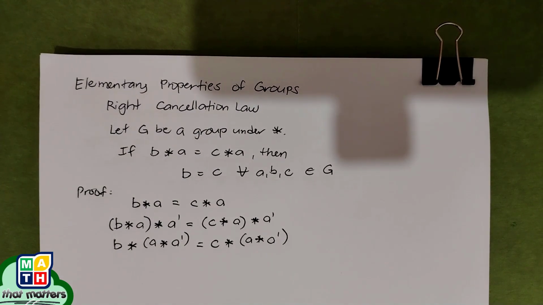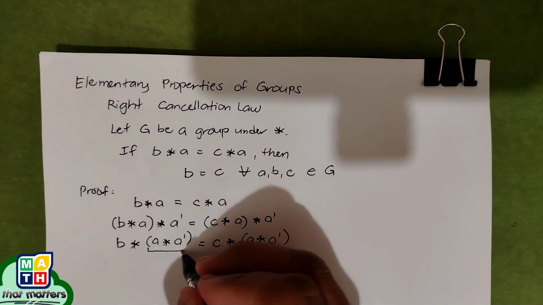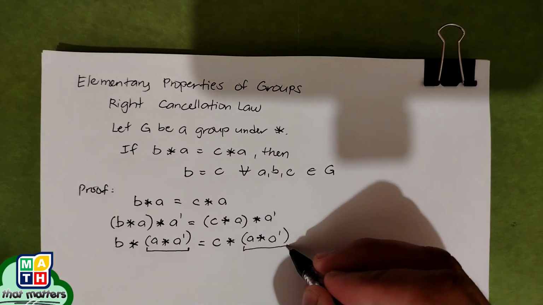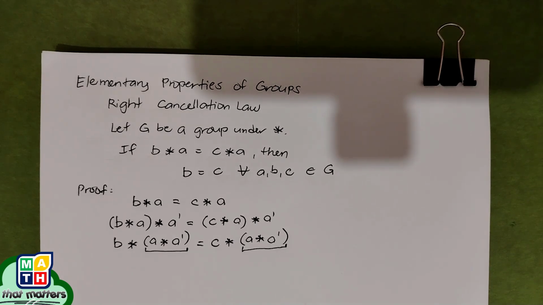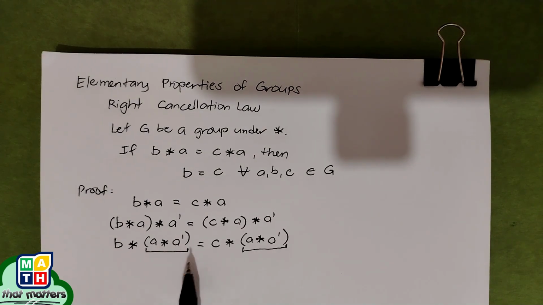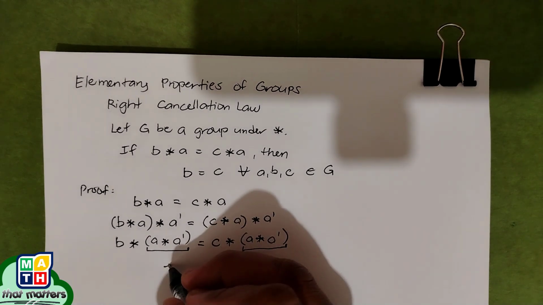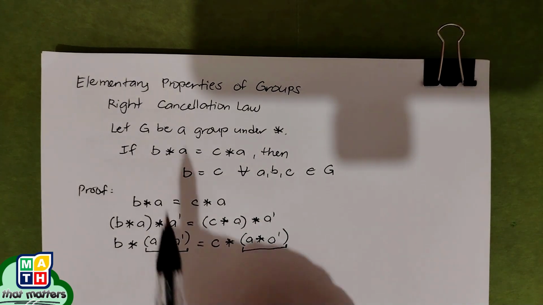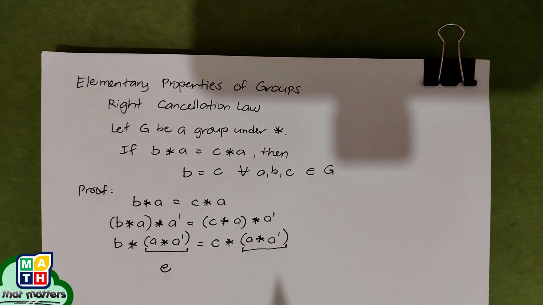Okay, from here, we have this expression present on both sides of our equation. If we operate A and its inverse, this is equal to the identity element of the group, and it's only one. It's unique for each group.